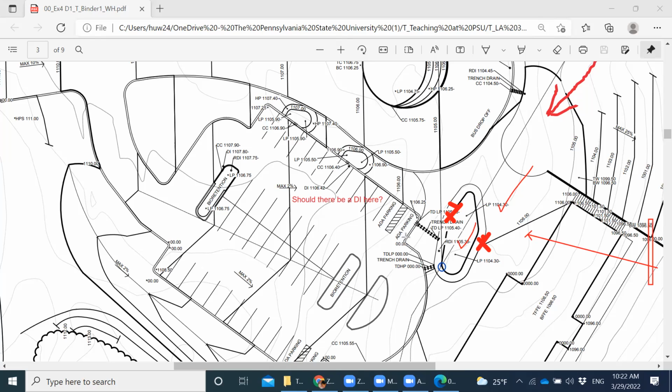A reminder that this does not need to be rounded. This corner would not be rounded because that's part of the parking space. This corner will need to be rounded, right? So those are actually the right angle.